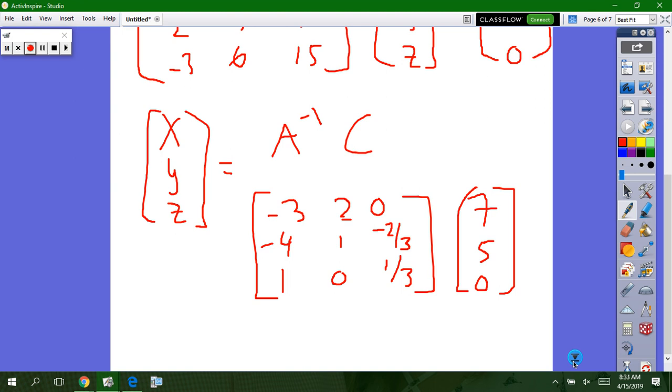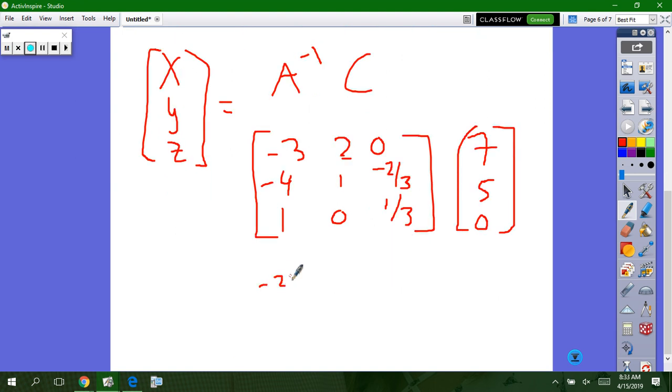So I'm going to take the first row, -3, 2, and 0, and multiply it by 7, 5, 0. So I have -3 times 7 is -21. 2 times 5 is 10. 0 times 0 is 0. So row 1, column 1 is -11.